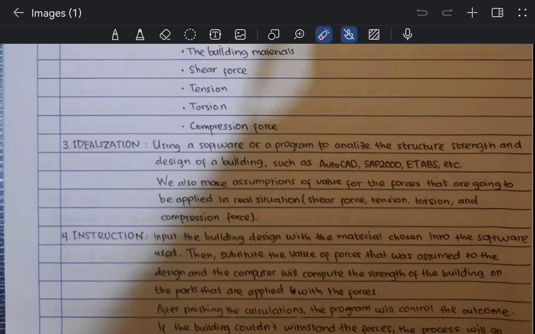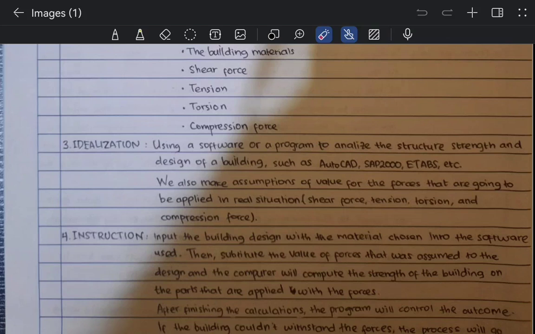After we make assumptions of value and then decide that we will use a software or a program to solve the problem, we can identify or analyze whether the choice that we made is true or can be actually used to get into the fourth point, because it will be really hard to compute manually to know the shear force, tension, torsion, and compression force that acts in a building.